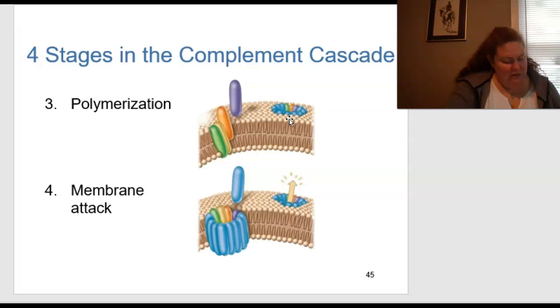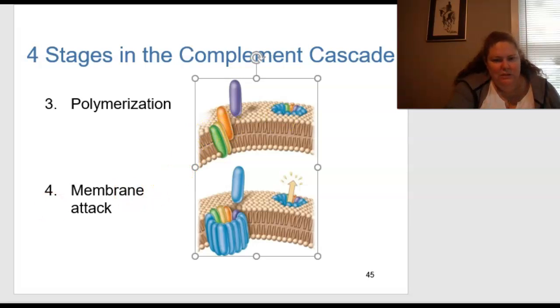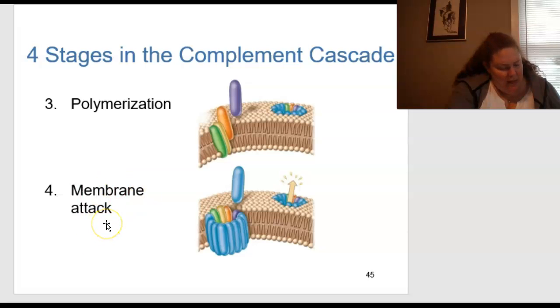Up to 15 of these C9 units ring the central core of the final membrane attack complex, abbreviated MAC. Membrane attack complex, MAC. And then step 4, we have the membrane attack, the insertion of those MACs, and this is going to produce hundreds of tiny holes in the cell membrane, and this can cause cell lysis and death of eukaryotic cells and many gram-negative bacteria.